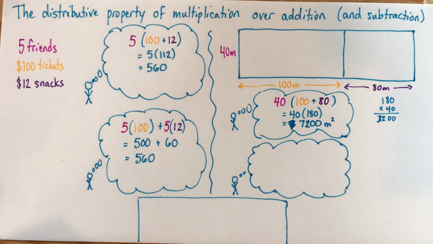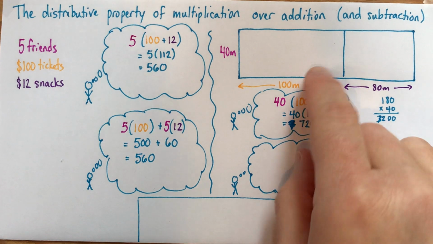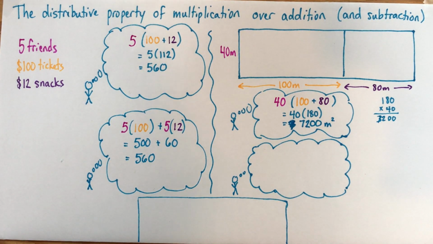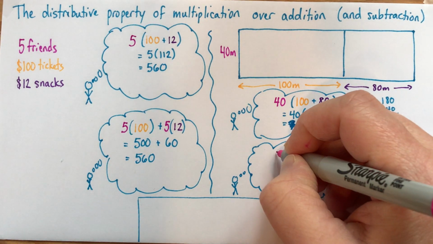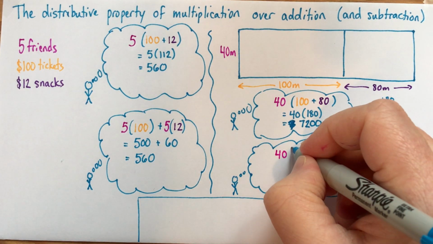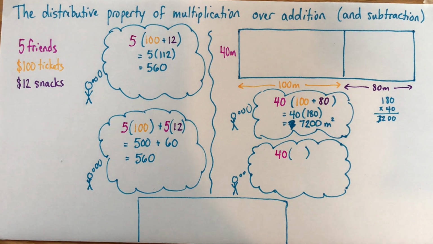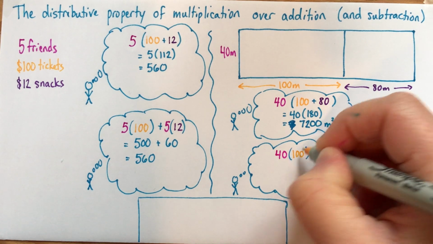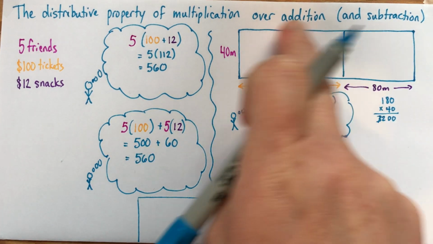Now, the other stick person friend here does a slightly different technique. They're going to find the area of this one, and then the area of that one, and then add. And of course we know they should come out to the same answer here. So this person is going to do 40 times 100. So that's the area of the left property.